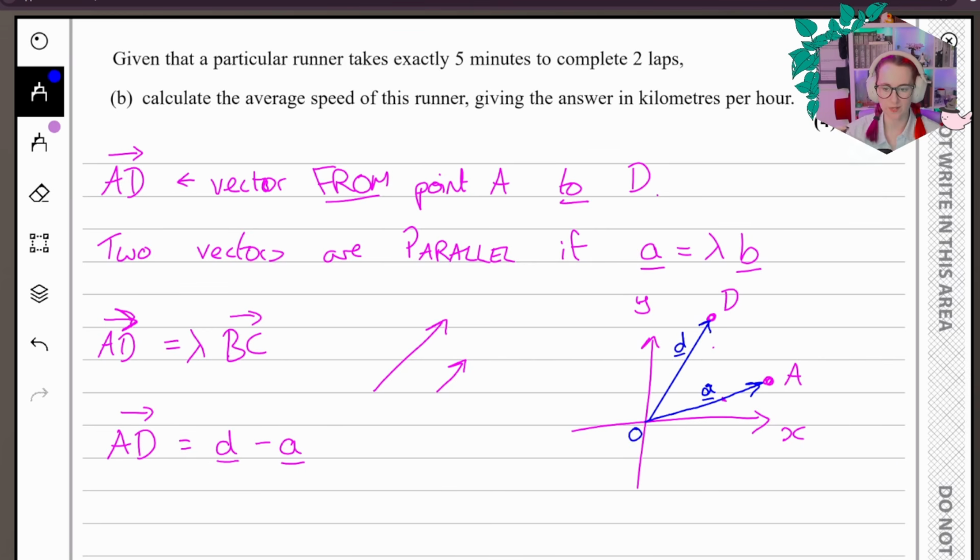And then what we're saying is we want now the vector A to D. Tidy that up a bit. There we go.